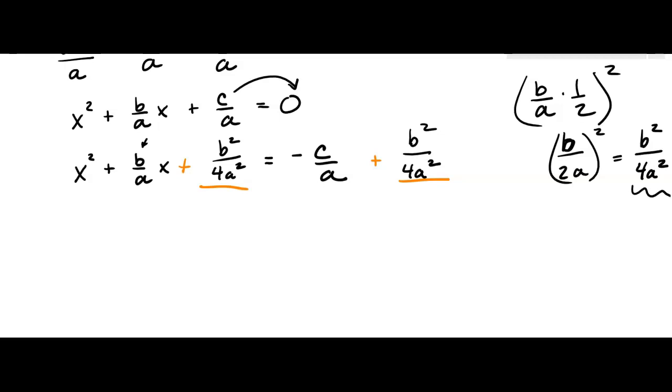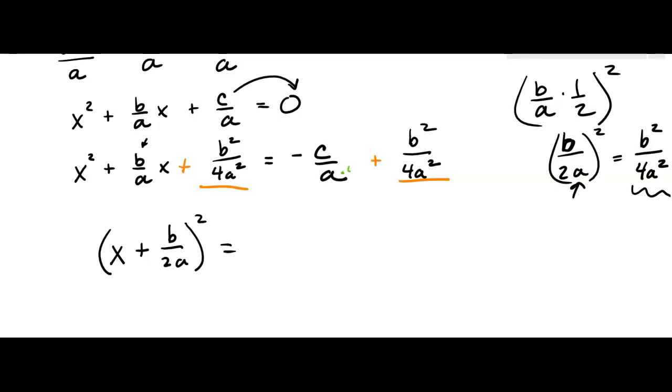And now we can factor the left-hand side. So it's going to factor into x plus, and then it's going to be whatever we had in there, which was b over 2a, squared. Now the right-hand side, how are we going to work with that? Well, we don't have common denominators this time, so we have to get them.